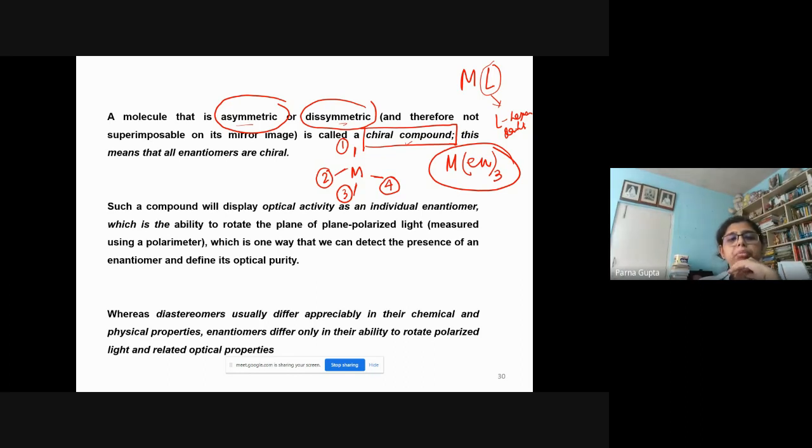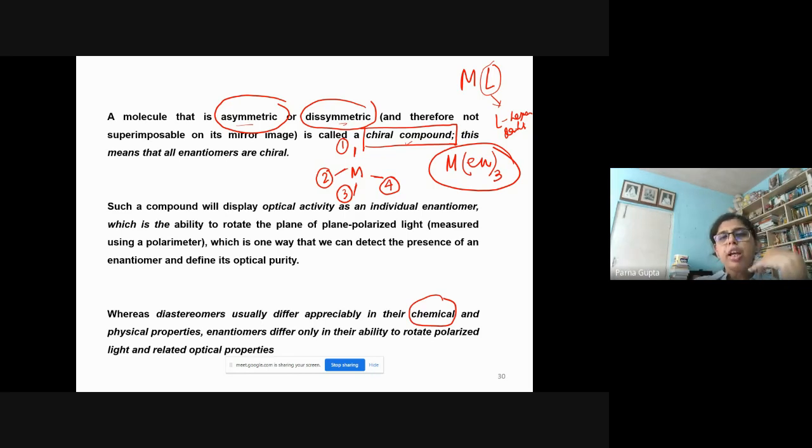But diastereomers are not optically active, and their chemical and physical properties might be different. If you take a cis and trans isomer, the chemical behavior we have already explained, right? How do they bond to other compounds? This is one of the chemical properties.